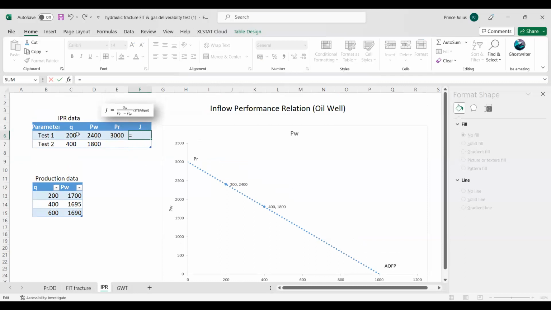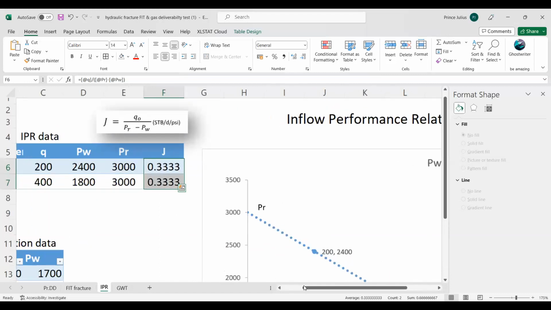So Qo, the value is 2,200 barrels, by PR minus PW. Corresponding to two different pressures, you got the value. So here the value is 0.33, but here, since I haven't given anything there, both the PRs are the same. Both productivity indexes were observed to be the same.